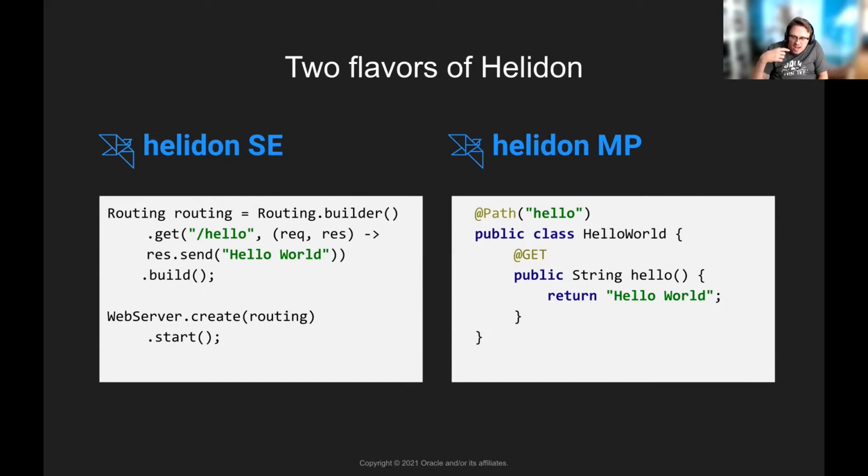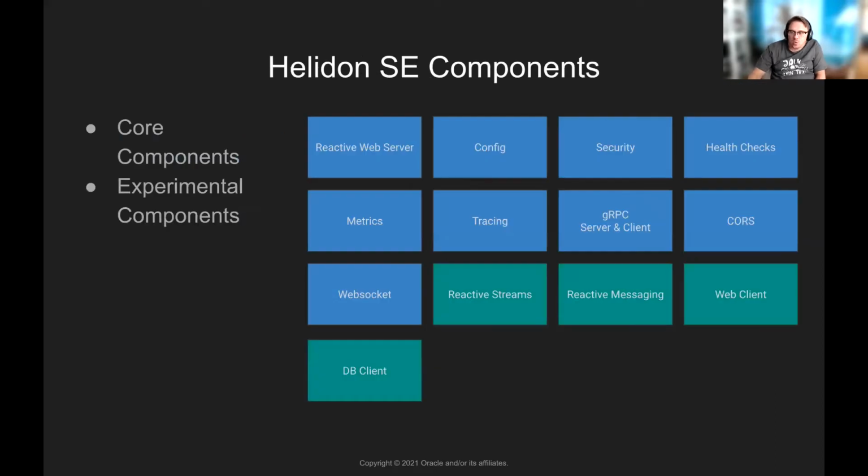That means that you do everything with no annotations. I think we have only Override annotations used by the code. You get routing, for example, here is how we create a web server. Just create a routing, and you just say WebServer create, and it will be blazingly fast. As I say, the core components are technically the same.